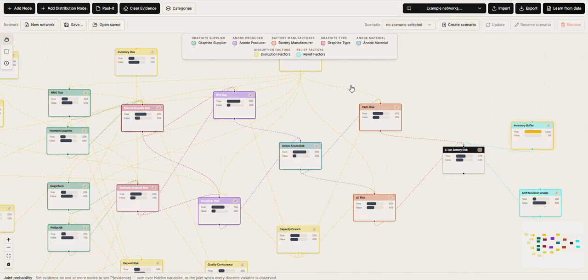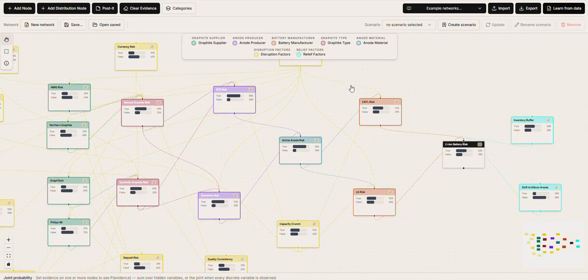Also, something that you can see is among my tier 1, tier 2, tier 3, who is the most likely cause of disruption? And you can see that it's BTR and Shenzhen in this case, and it's much less likely to be the tier 3, and still quite risky the tier 1 because it depends directly on the tier 2.